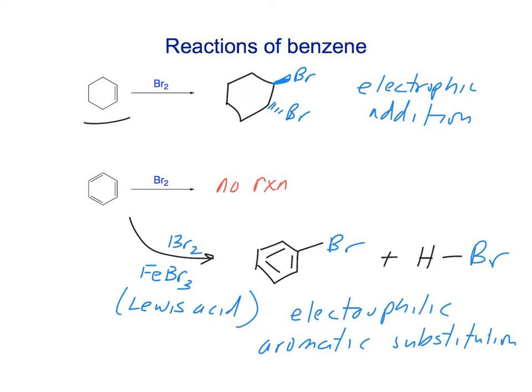When we had an electrophilic addition reaction, what role did the alkene play? A nucleophile, right? The alkene was reacting with an electrophile, so it was behaving as a nucleophile. Same thing with benzene. Benzene is going to act as a nucleophile. It's going to react with an electrophile.